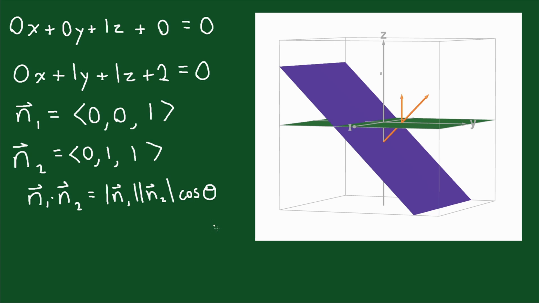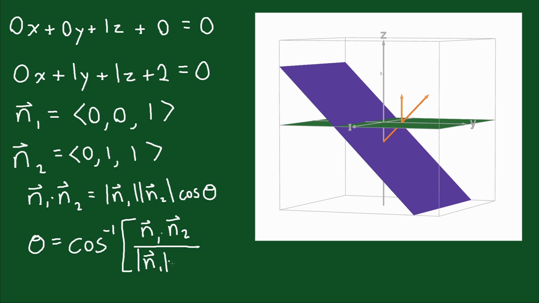So this is fantastic. I can isolate for angle theta, and you'll get theta is equal to cosine inverse of the dot product between normal vector 1 and normal vector 2 divided by the magnitude of normal vector 1 and normal vector 2, like that.